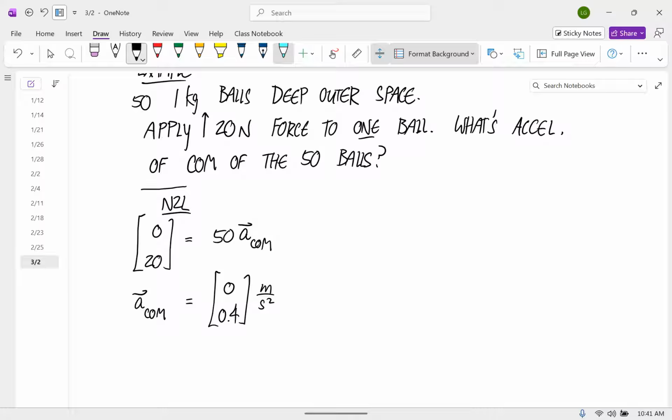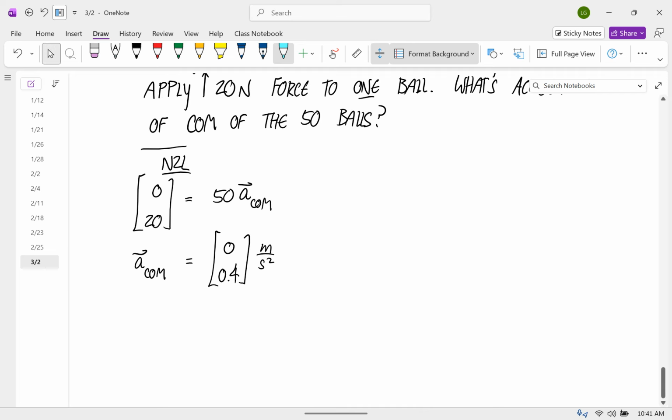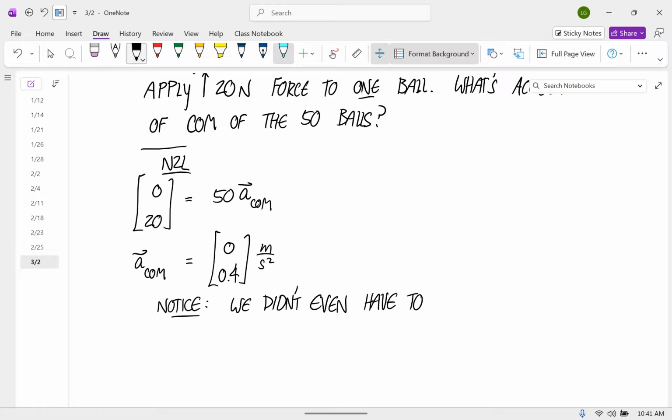If you just hit one and they weren't touching? Yeah, exactly. So notice we didn't even have to know if they touch each other. That's amazing.